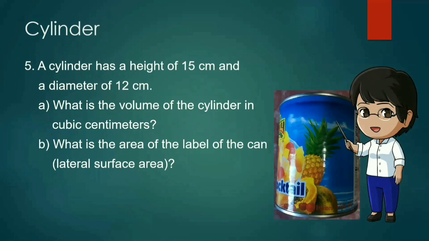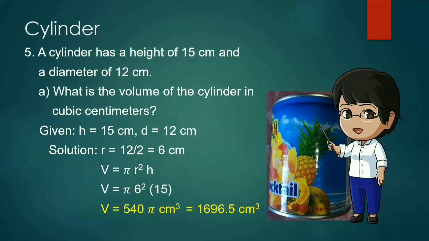Problem number 5. A cylinder has a height of 15 centimeters and a diameter of 12 centimeters. What is the volume of the cylinder in cubic centimeters, and what is the area of the label of the can, or the lateral surface area? So first, we find the volume of the cylinder.